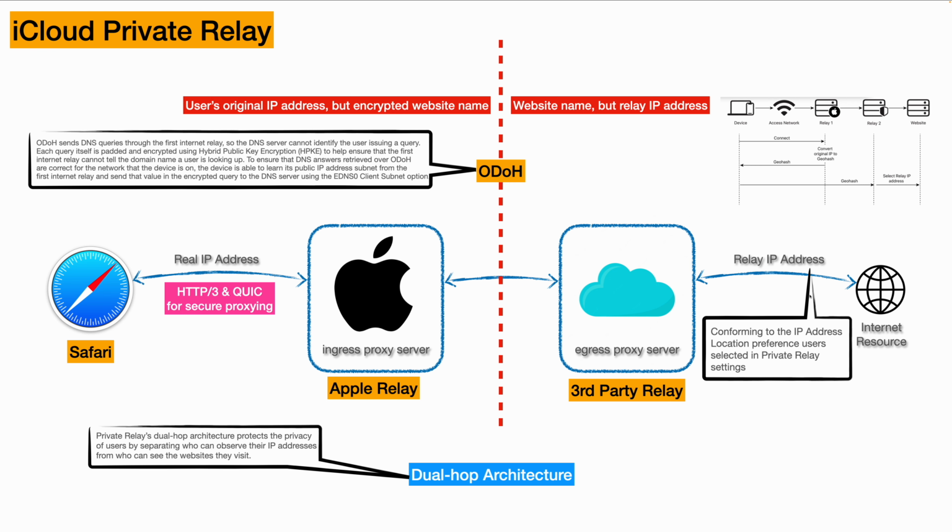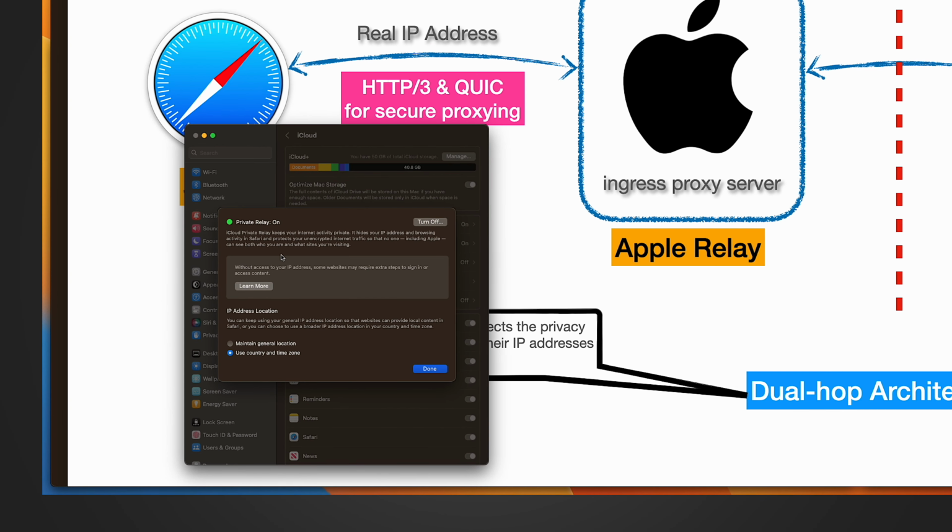How can you achieve that? If you check the iCloud Private Relay setting, you can see the two options about IP address. If you choose the first option, Apple will use an IP address which is not the same as your real IP address, but from the same geolocation, so that you can still have the tailored result when you visit the internet.